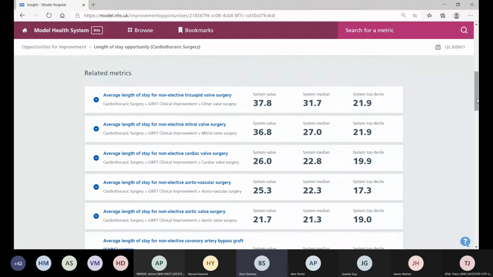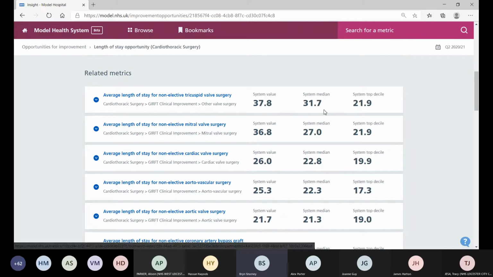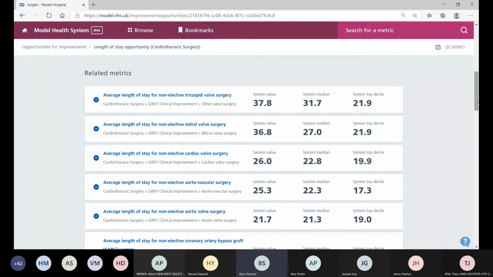But as I say, this is intended as another way in for you to identify those potential opportunities, and then you can click through from any of these related metrics and they'll take you into the relevant clinical service line compartment, in this case the cardiothoracic surgery compartment and the GIRF clinical improvement sub-compartment within that.